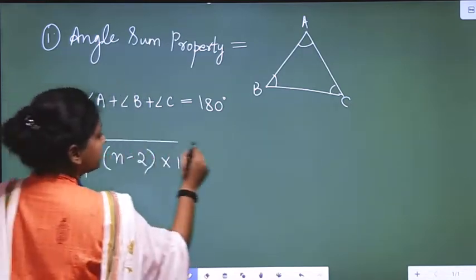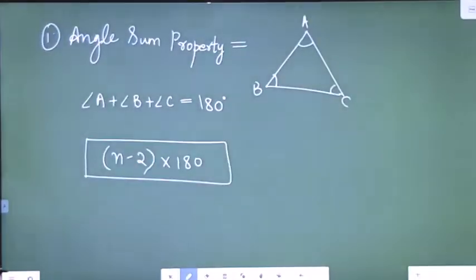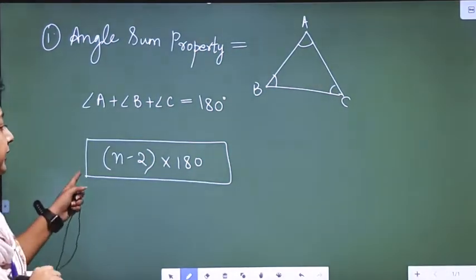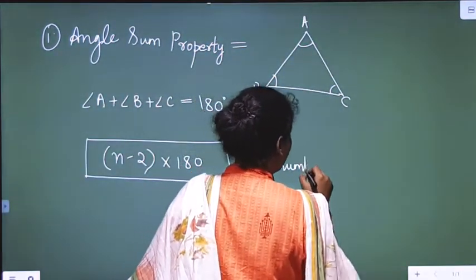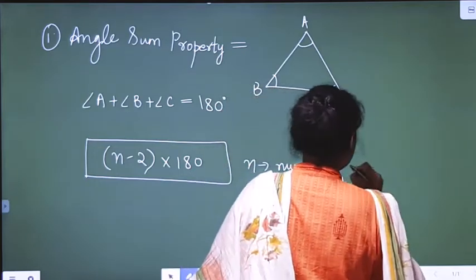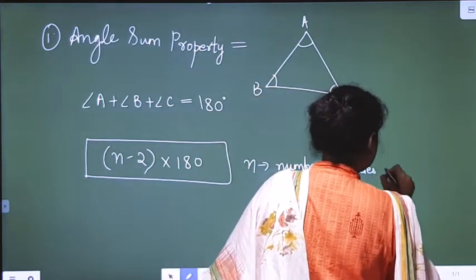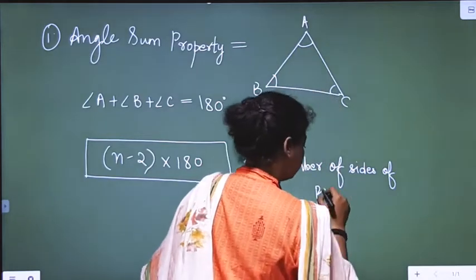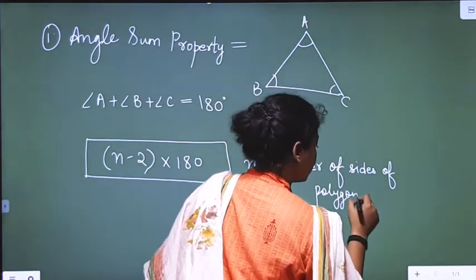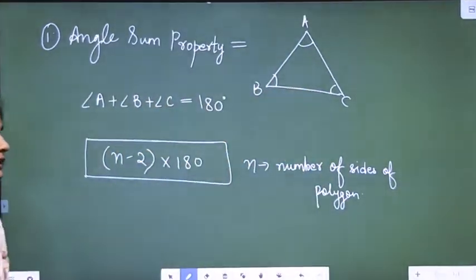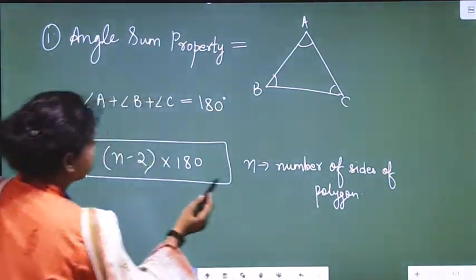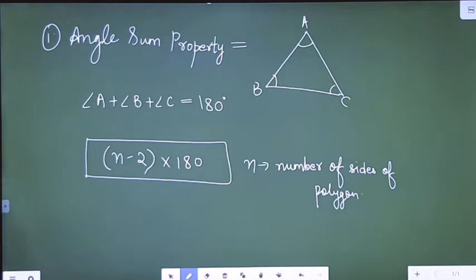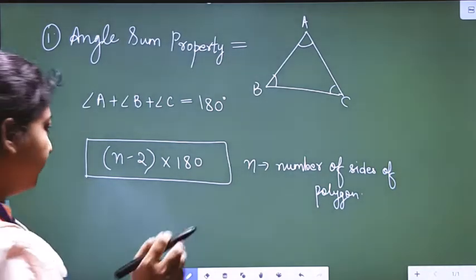This formula gives us the sum of all the interior angles of a polygon, where n is the number of sides of the polygon. By putting the number of sides in this formula, we can find out what its angle sum would be.